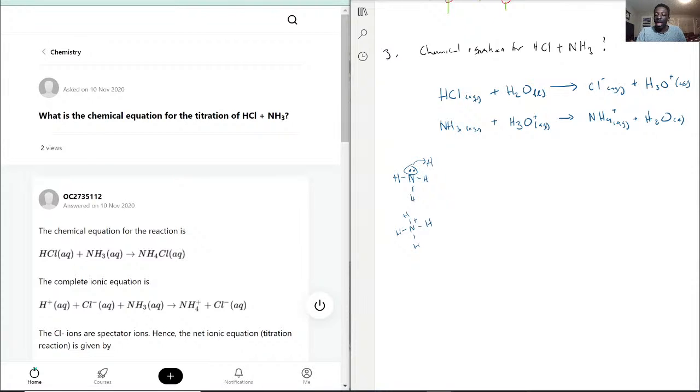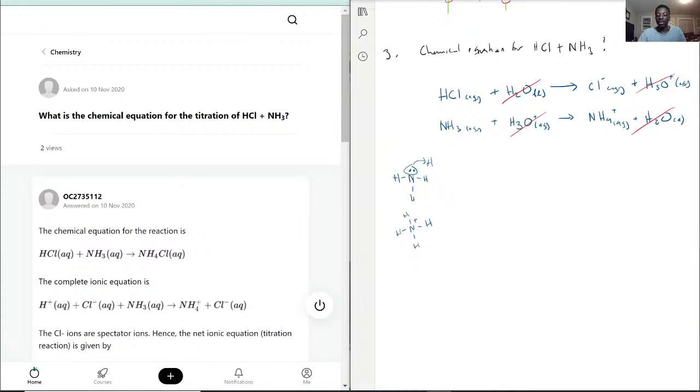Now I've written it like this specifically because, as you can see, you can cancel out certain elements. H2O gone, H2O gone, and H3O, H3O.